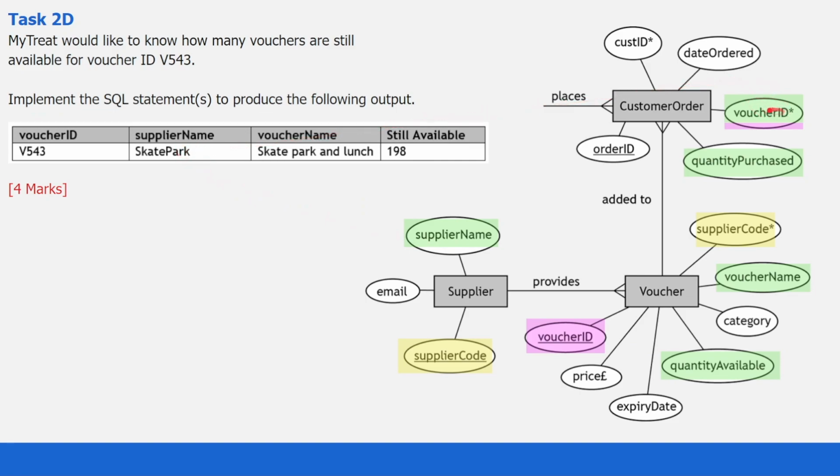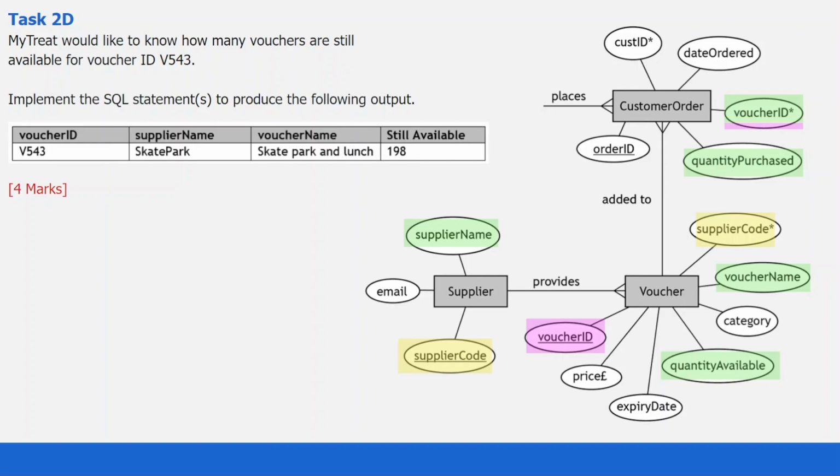We will require the voucher ID as per the design and the voucher name. We will also need to know how many of the voucher have been purchased. So we're going to need quantity purchased and quantity available to work out how many are not sold. And then we've got a join between the 2 tables. Voucher ID and voucher ID, supplier code and supplier code.